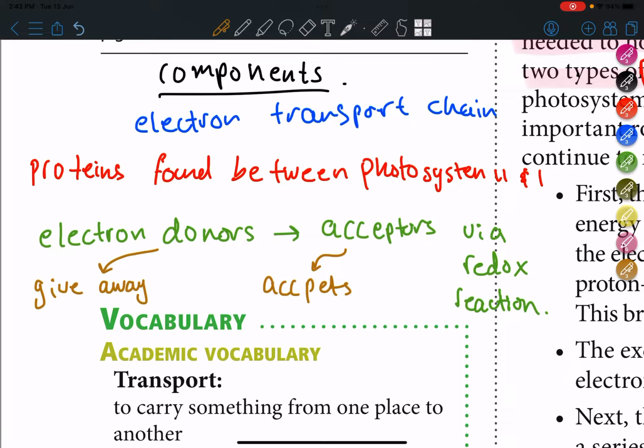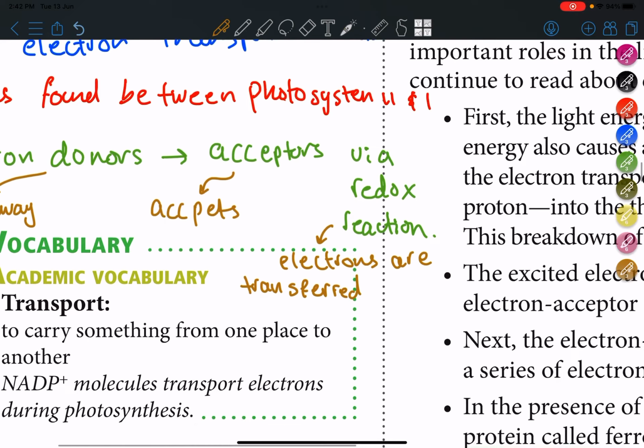Now, what is the redox reaction? The redox reaction is a reaction where electrons are transferred from one reactant to another. So basically, electrons are transferred from one ion or molecule to the next.